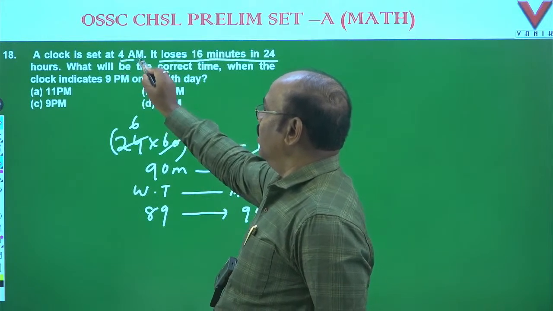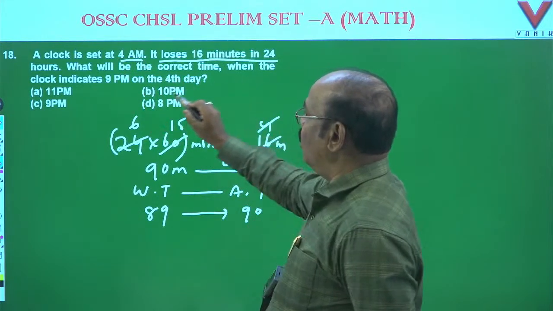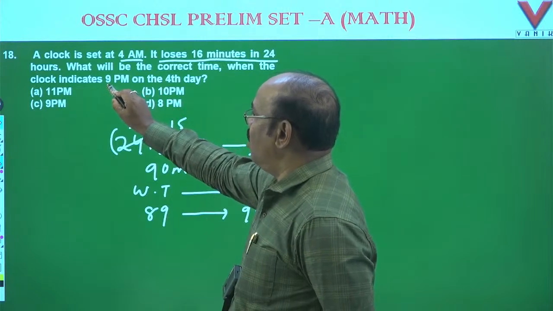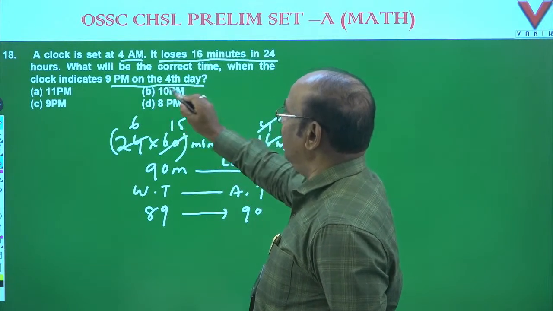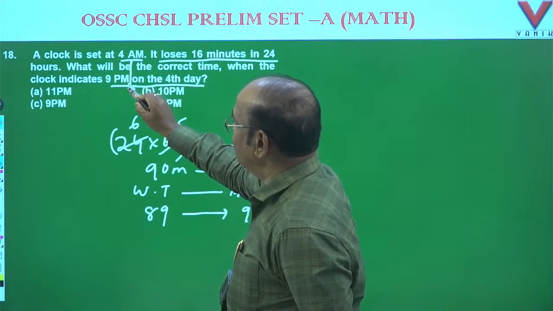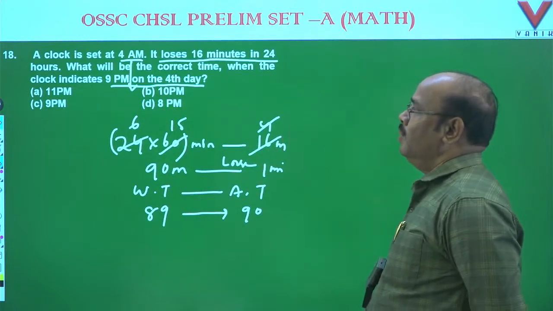The clock was correct at 4 am, and next it indicates 9 pm on the 4th day. What is the gap between 4 am and 9 pm on the 4th day?